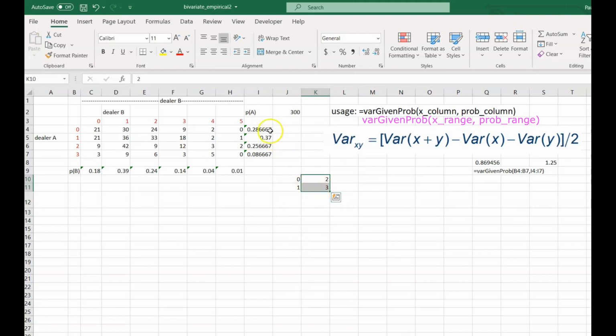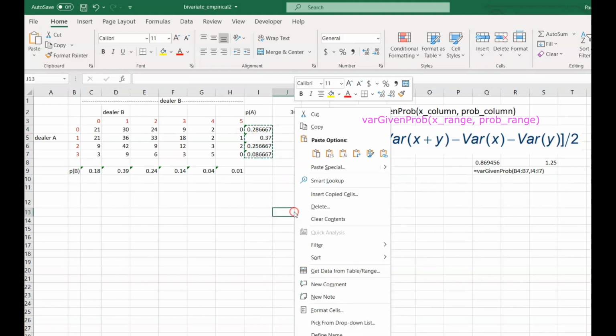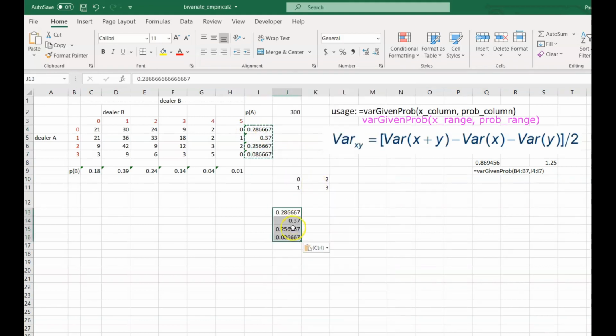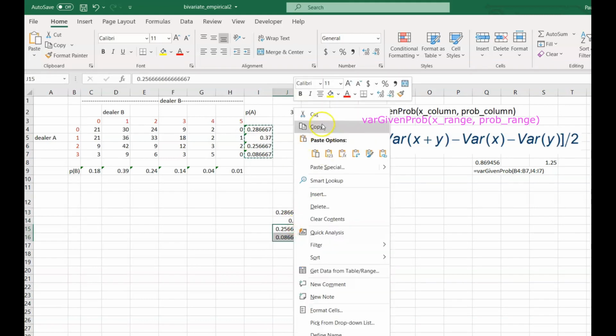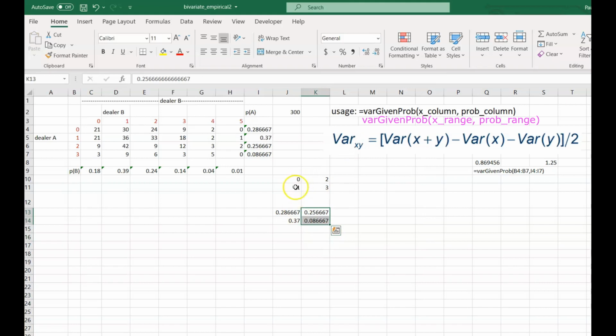The probability is also arranged in the same format: x1, x2, x3, x4, and p1, p2, p3, p4. Then we can still apply this method. So it's not a column, it's a range.